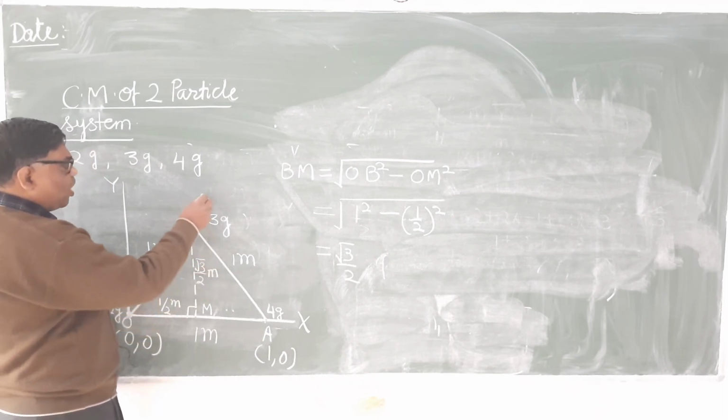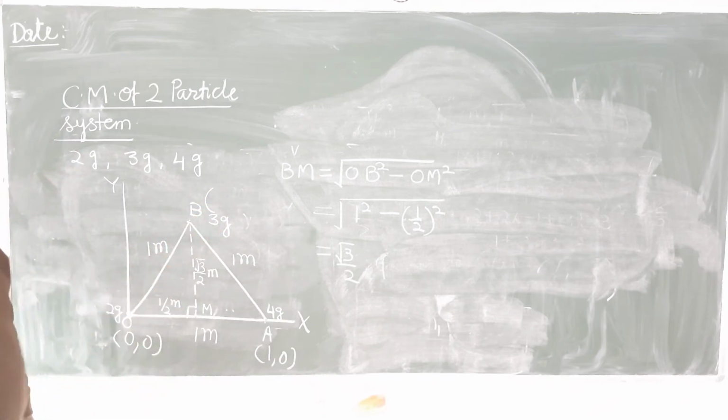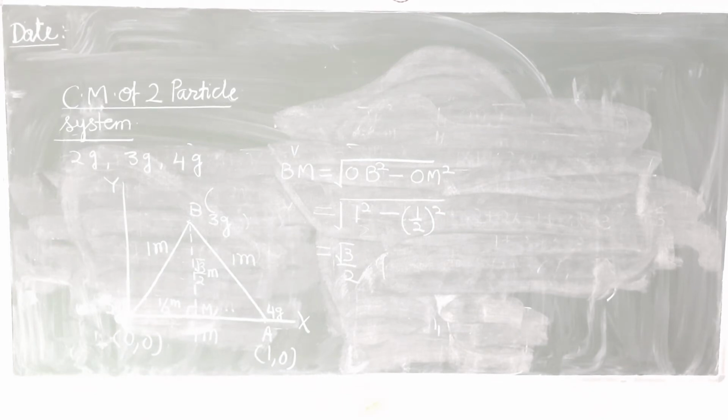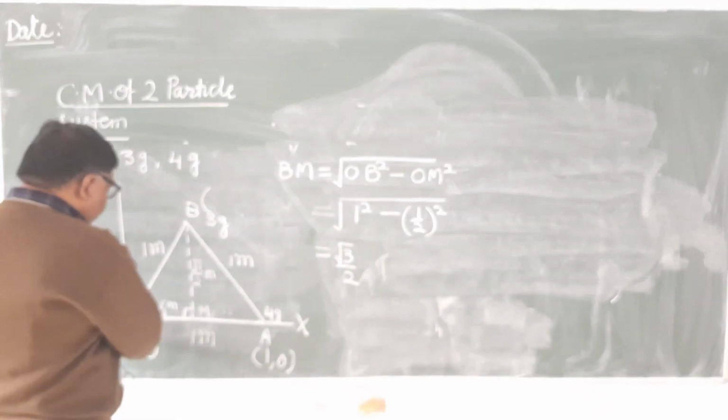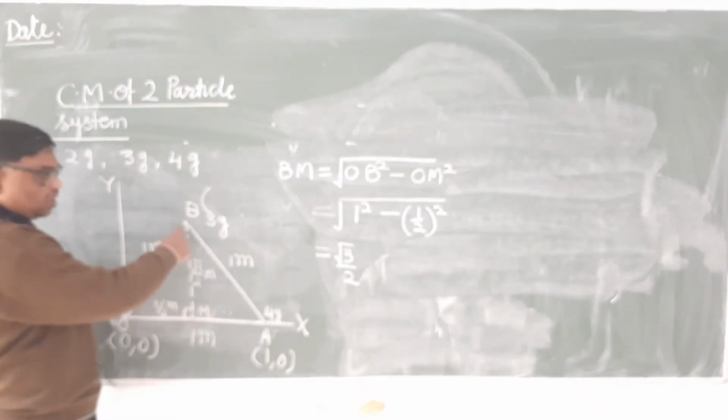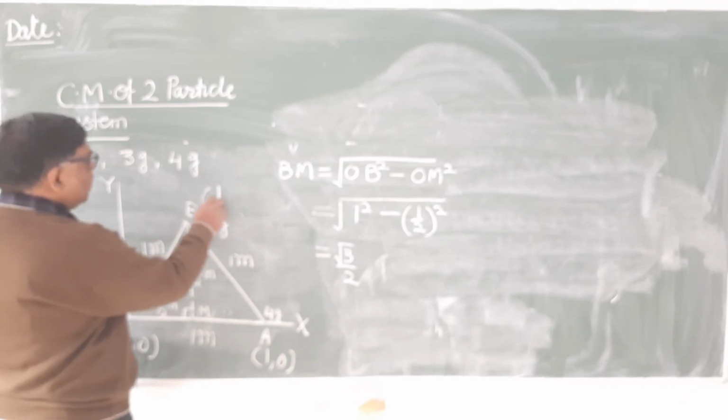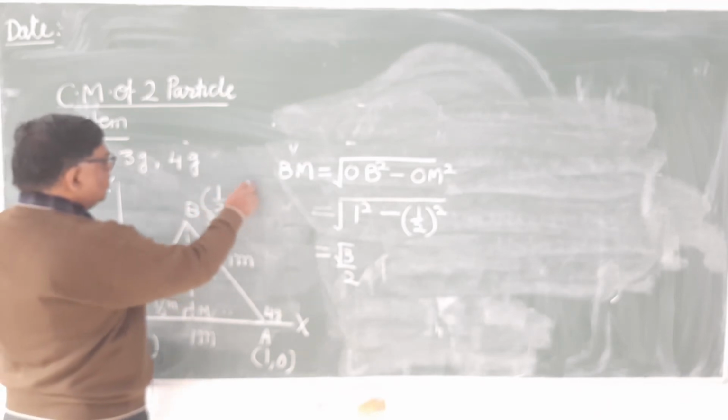So what will be the coordinate of point B? It will come out (1/2, √3/2).